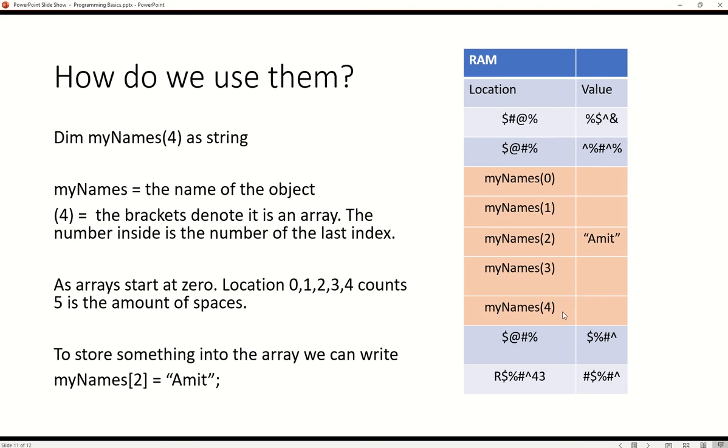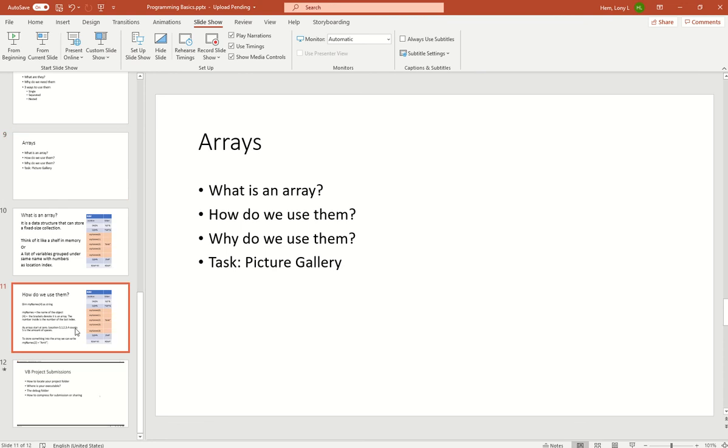Now let's say you wanted to put something, say MIT, into location index 2. How would you do it? You would do it like you would verbally. You give the computer the array name, so my names. Then you put brackets. Actually, that's supposed to be curved brackets. Let's just change that quickly.